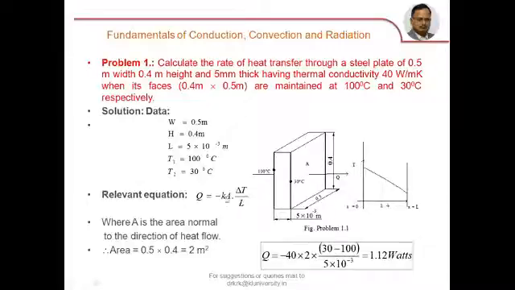To make this positive, Fourier has introduced the negative sign, as we have seen in the fundamentals of conduction. Rate of heat flux is directly proportional to the negative temperature gradient, that minus sign. Now you understand why the minus sign is given here, to make this a positive value.